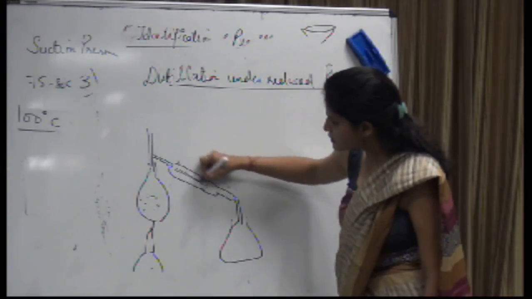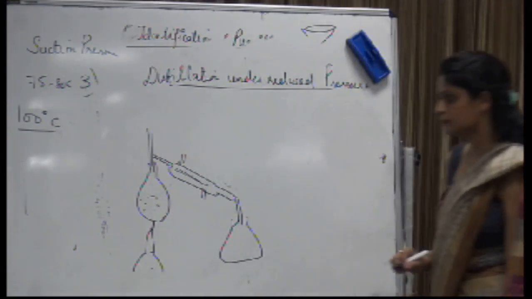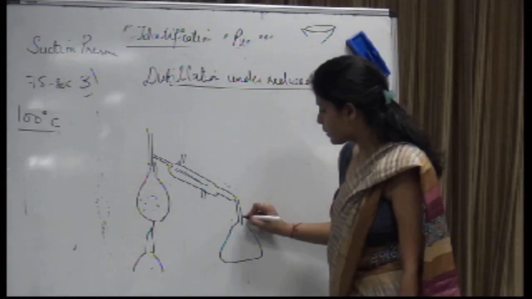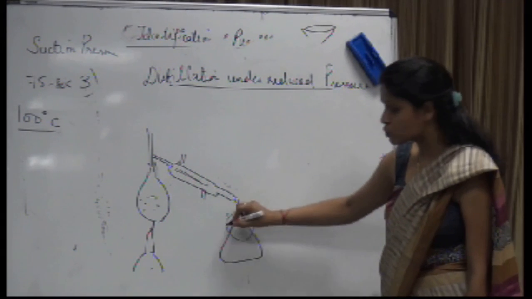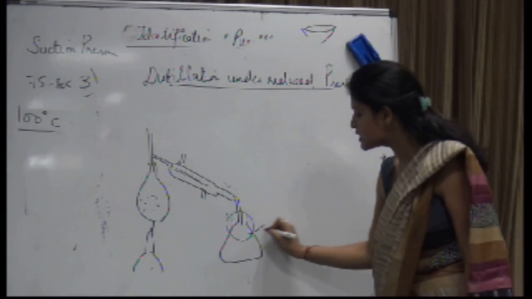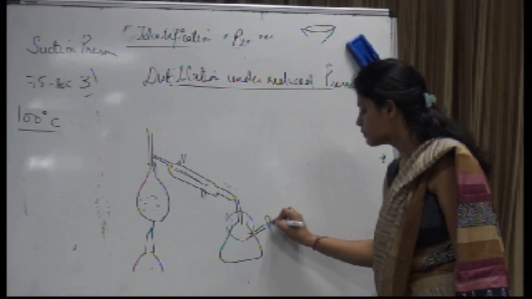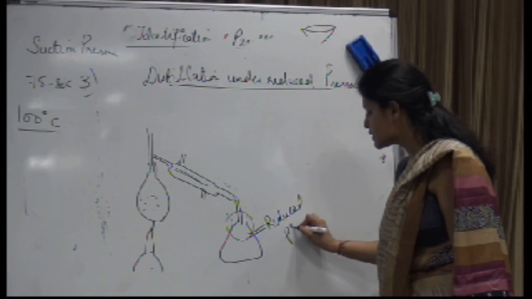This is the condenser. So what happens in the distillation under reduced pressure is that instead of using the atmospheric pressure, I'll reduce this pressure by using suction.